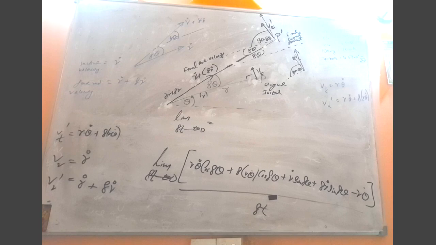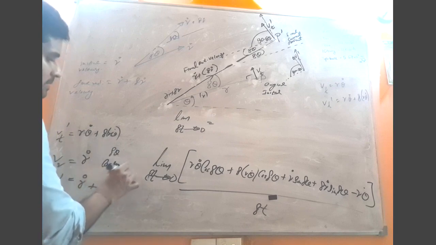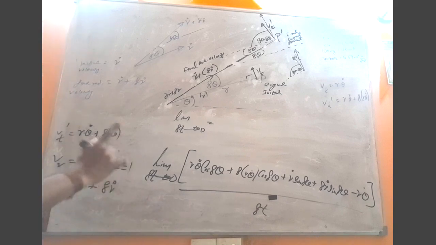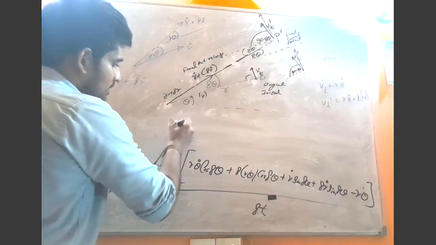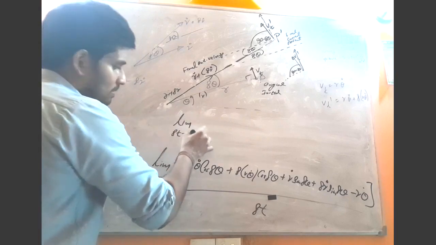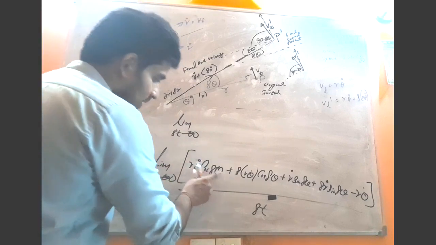we know that delta theta is very small, right? So then cos delta theta will be what? That will be 1. If delta theta is very small, then cos delta theta will be 1, right? So it will be limit delta t tends to 0. Now r theta dot cos delta theta, right?